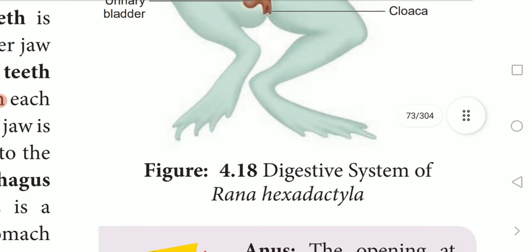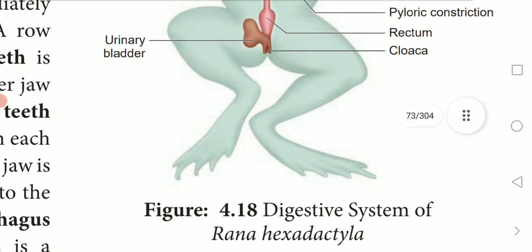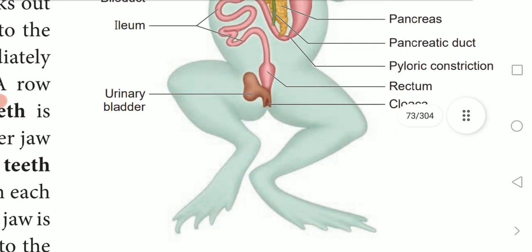These are the parts present in the digestive system of frog, or we can say the alimentary canal of frog.